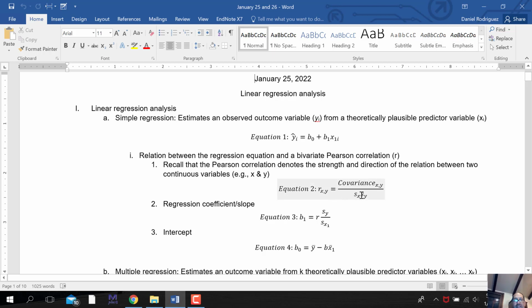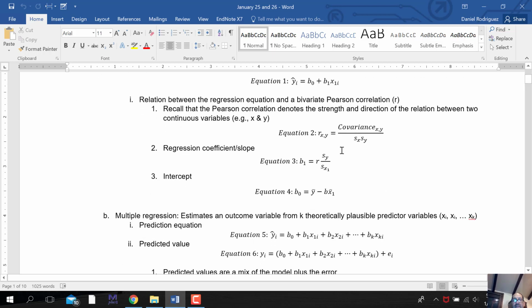Regarding the equation, and again, we're not really doing math in this course, but you should be familiar with the way we derive these values. So the correlation is a standardized covariance. A covariance is an unstandardized correlation, so it's in the original units of measurement.